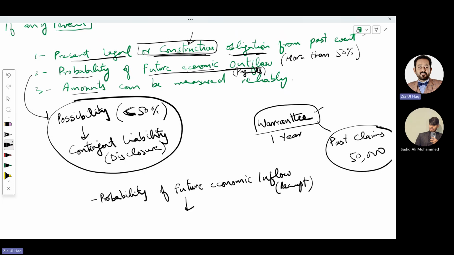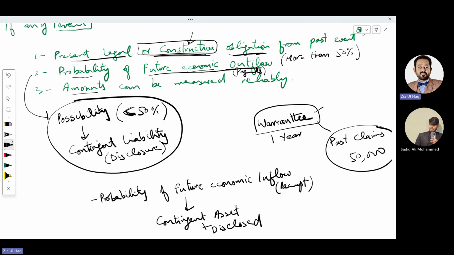In that case, we need to disclose contingent asset. It should be disclosed. No accounting entry for contingent liability or contingent asset. They only need to be disclosed.